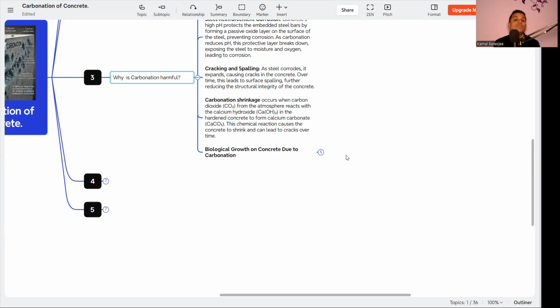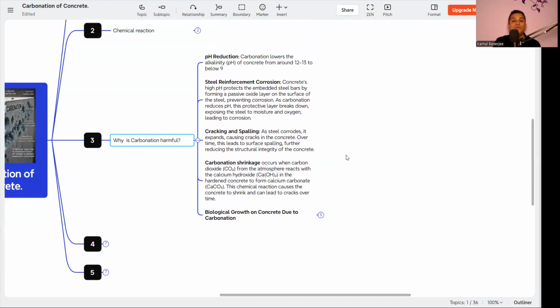Due to this carbonation shrinkage, the cracks become weak points for chemical substances and moisture to penetrate, which eventually corrode the steel, and the concrete's lifespan or durability reduces. That is why carbonation shrinkage, or the carbon dioxide, is very much harmful.